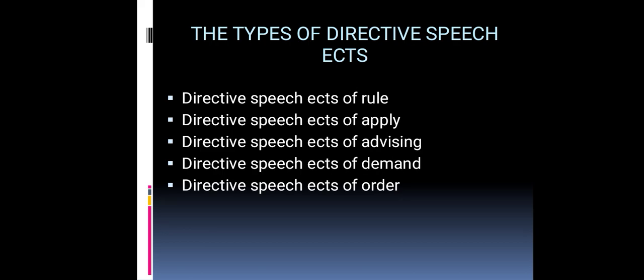First, directive speech acts of rule. The second, directive speech acts of apply. The third, directive speech acts of advising. The fourth, directive speech acts of demand. And the last, directive speech acts of order.